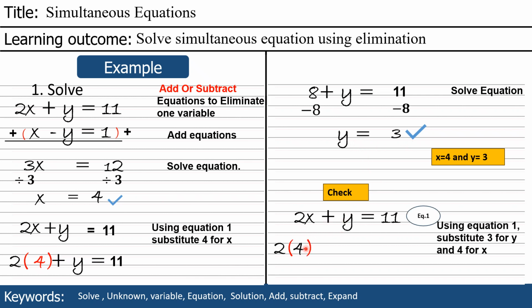So x, replace it with 4. So that's 2 times 4. Add, and our y with 3. So now we have 2 multiplied by 4 is 8. And add 3, and that is 11, meaning our solutions are correct.